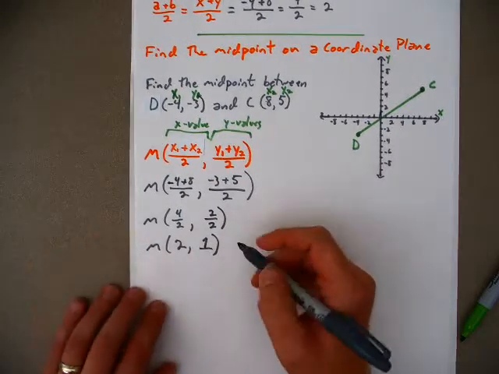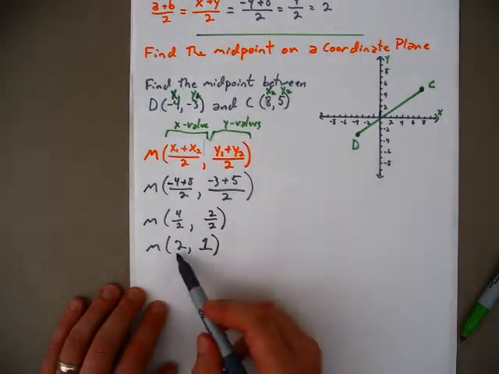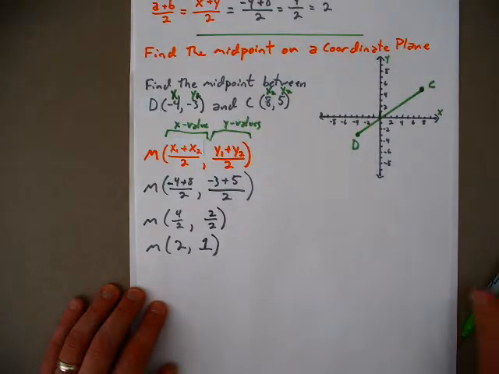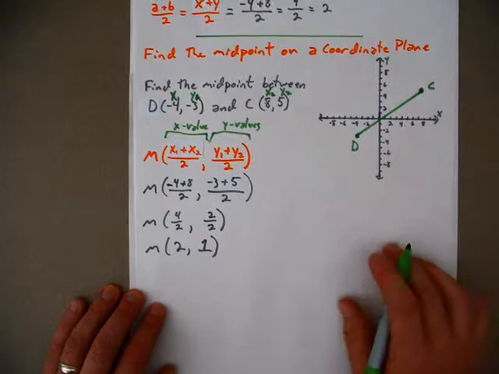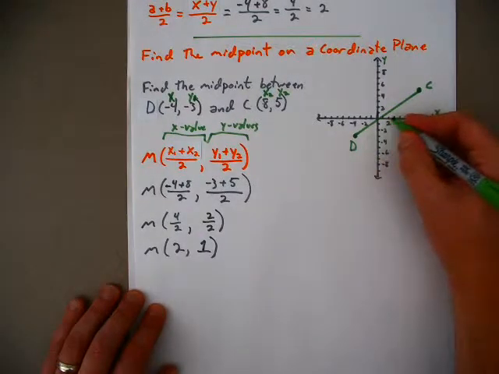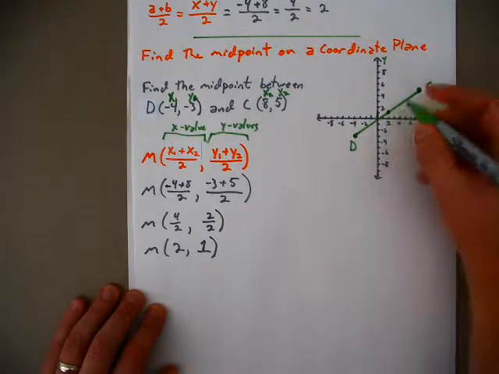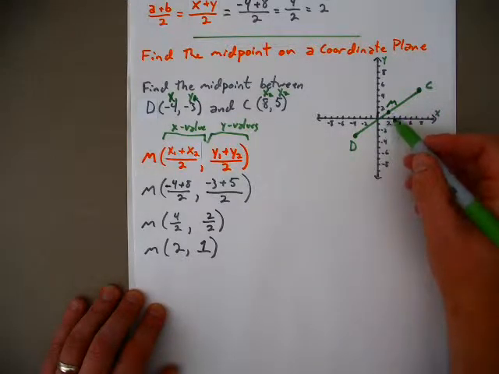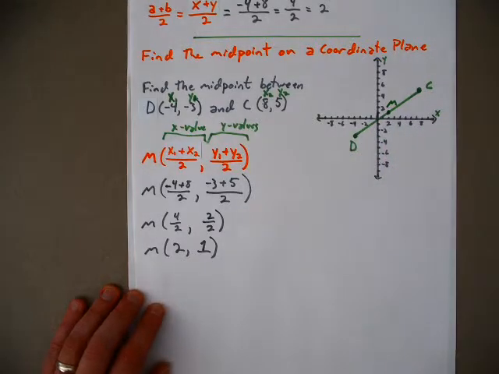So that tells us that our ordered pair is the point 2, positive 1. If we go back to our coordinate plane, if I go over 2 and up 1, that would be at point M. And that's going to be the same distance from M to C as it is from M to D.